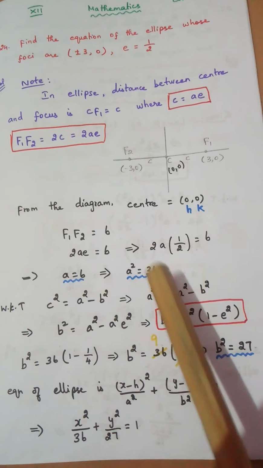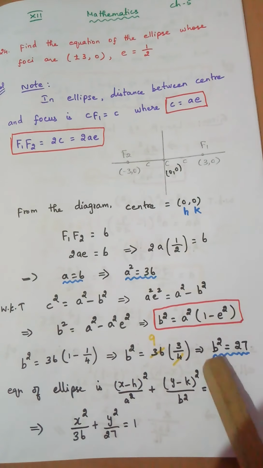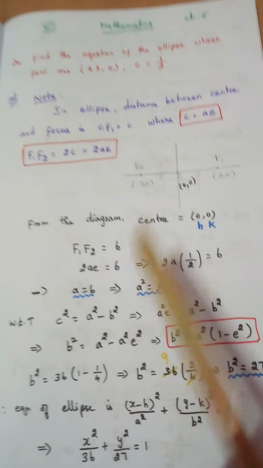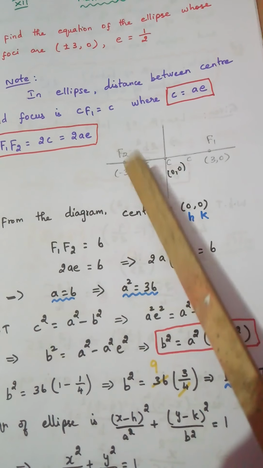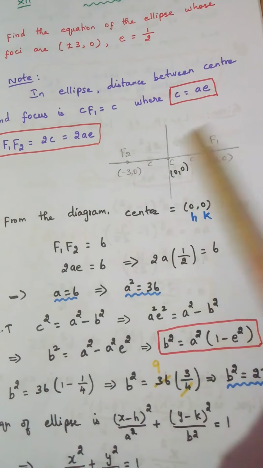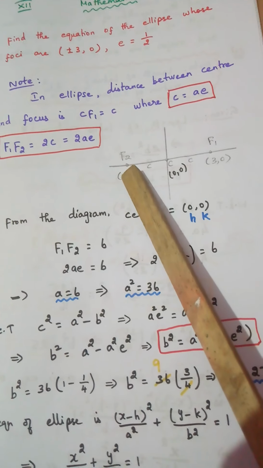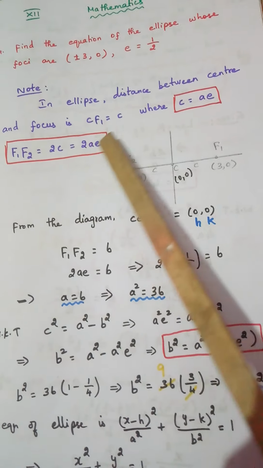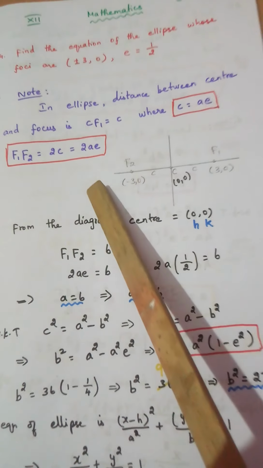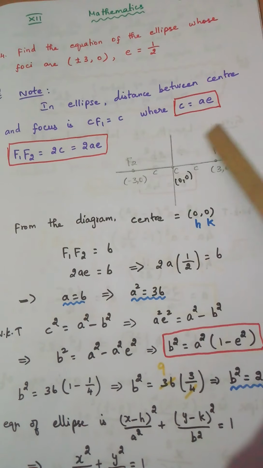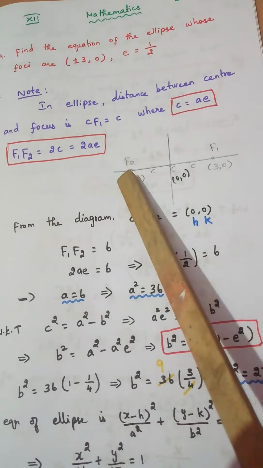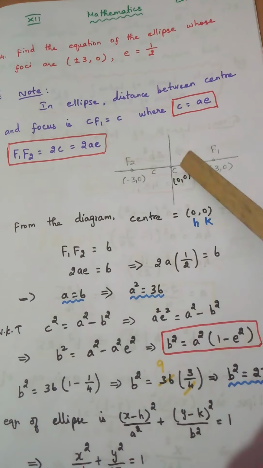So we already got a square value, and now we have got b square value. Therefore now we will write the equation of the ellipse. Now if you see this diagram, this is focus 1 and this is focus 2. Then you can easily guess how the ellipse will be. Ellipse will be like this, right? That is, the ellipse is in standard form. By seeing the foci itself, we can easily say the ellipse is in standard form.